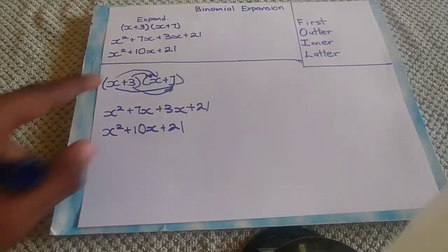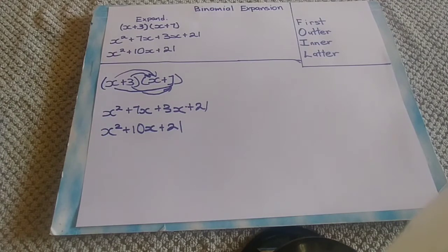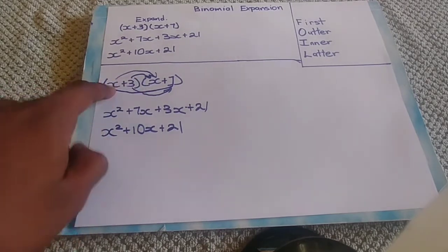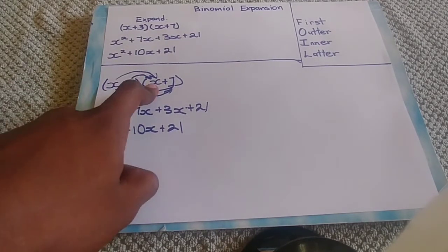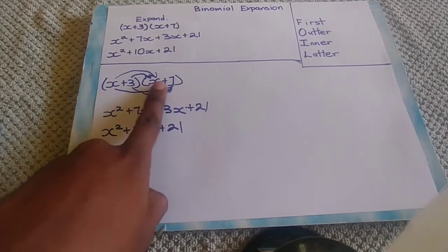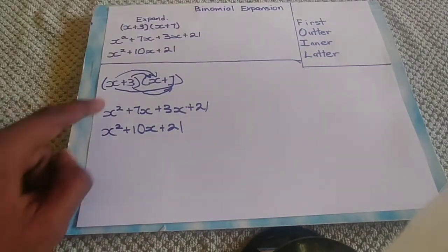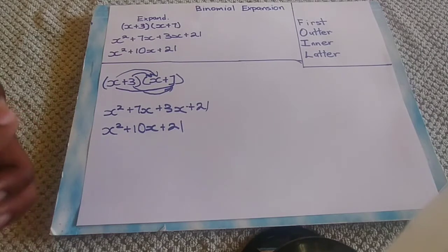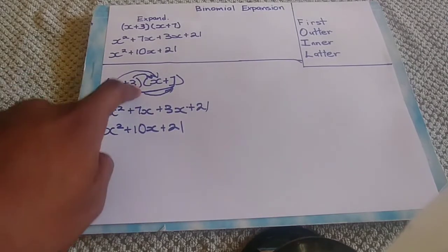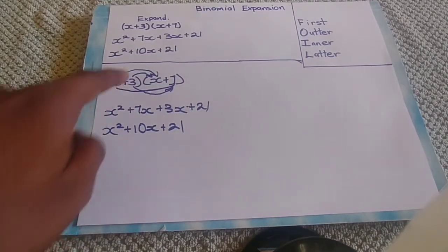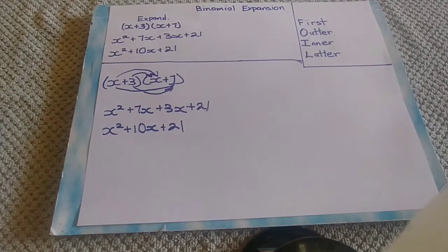Now if you look at this, this is basically the same as our FOIL method. Multiplying the two terms in the first bracket by each in the second is the same as FOIL, because x times x is the first, x times 7 is the outer, 3 times x is the inner, 3 times 7 is the last.